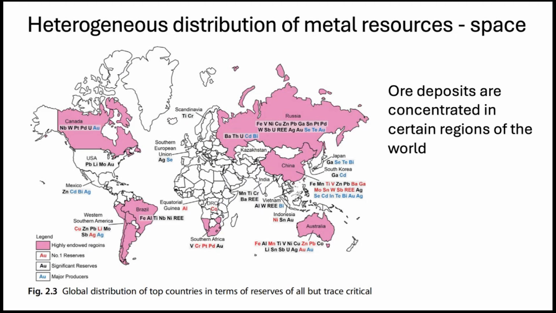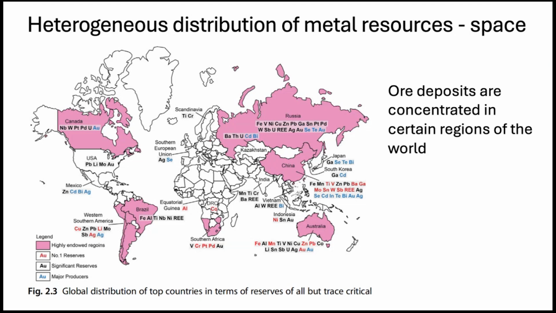So here we have again a map in a different formulation of the heterogeneous distribution of metal resources around the world. And the ones in pink are the ones that have the most metals, or that at least apparently have the most metals, given the caveats of exploration and so forth. What the textbook calls the pink areas highly endowed regions.